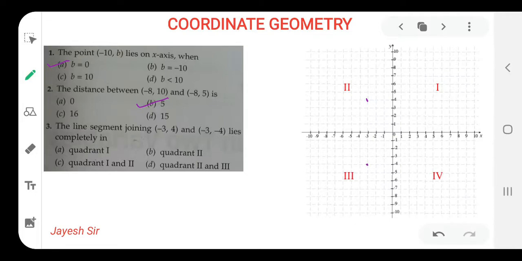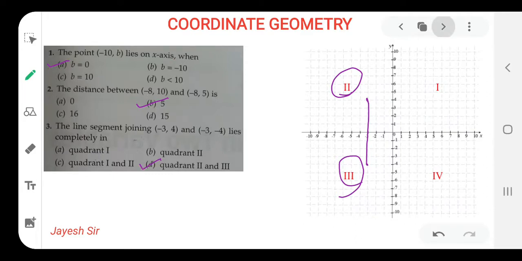Now we join them to form the line segment. It lies in quadrant number 2 and quadrant number 3, so option D is the correct answer.